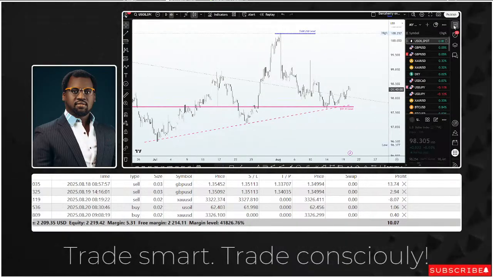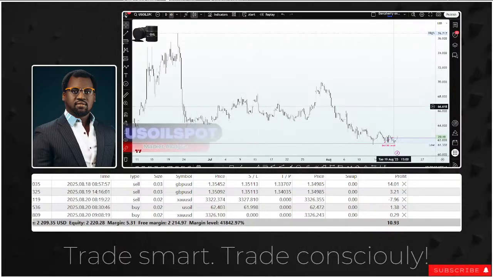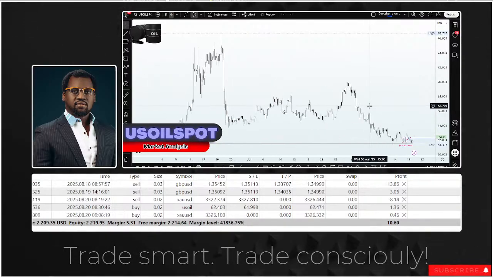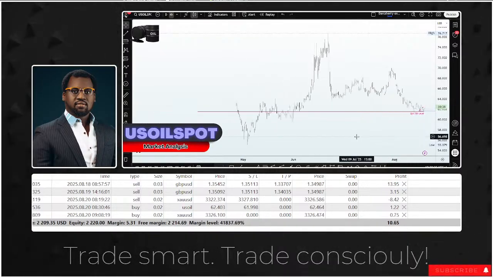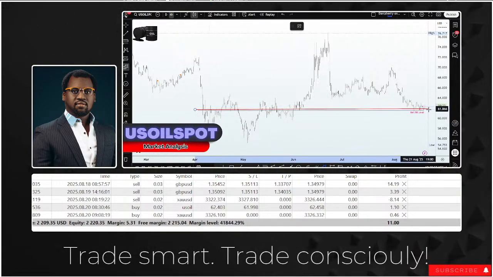Now the first asset we are going to be taking on this morning, as always, is going to be the US crude oil market. And on the US crude oil, for those of you who were with me on Monday, remember I didn't really see any significant structure on the 4 hour time frame besides the key level that I did mark out at the $61.50 level.